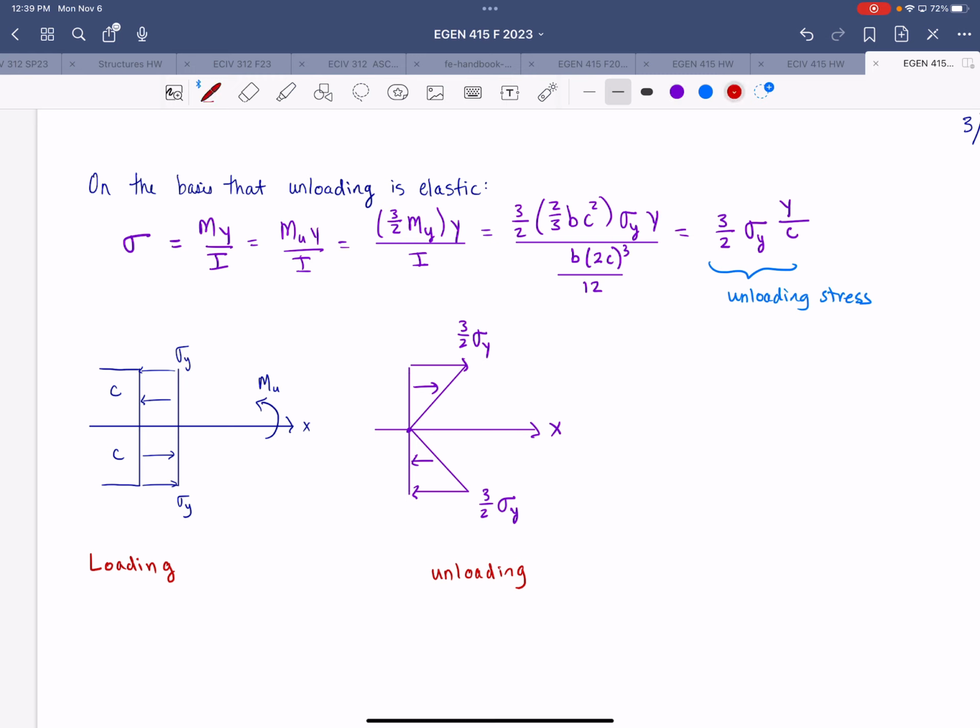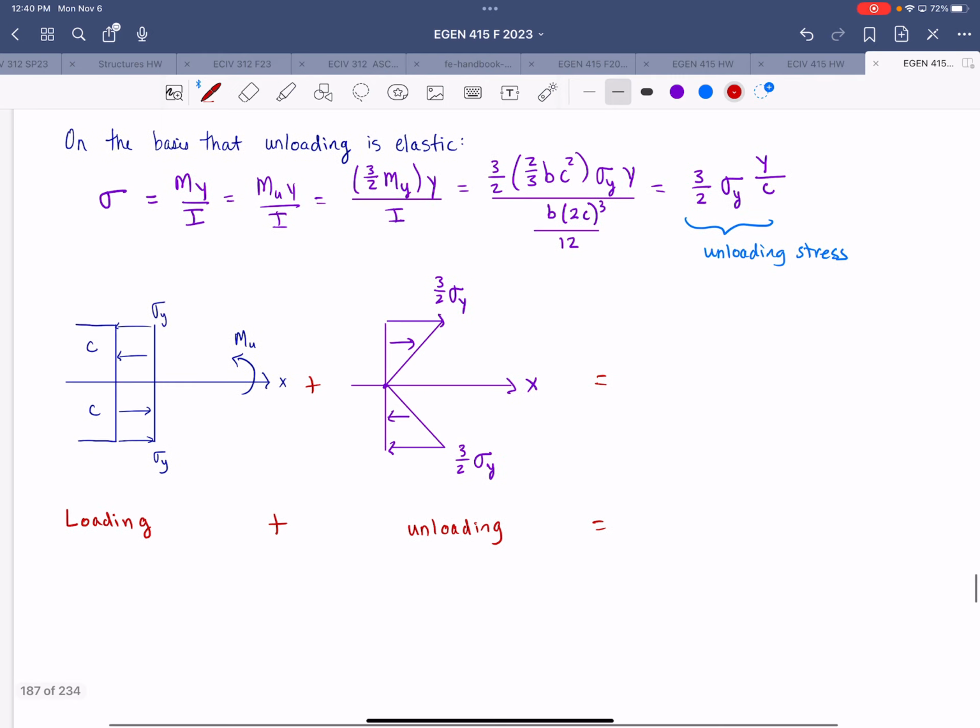And so if we superimpose these two states, add them together, we're going to get what we call the residual stress.